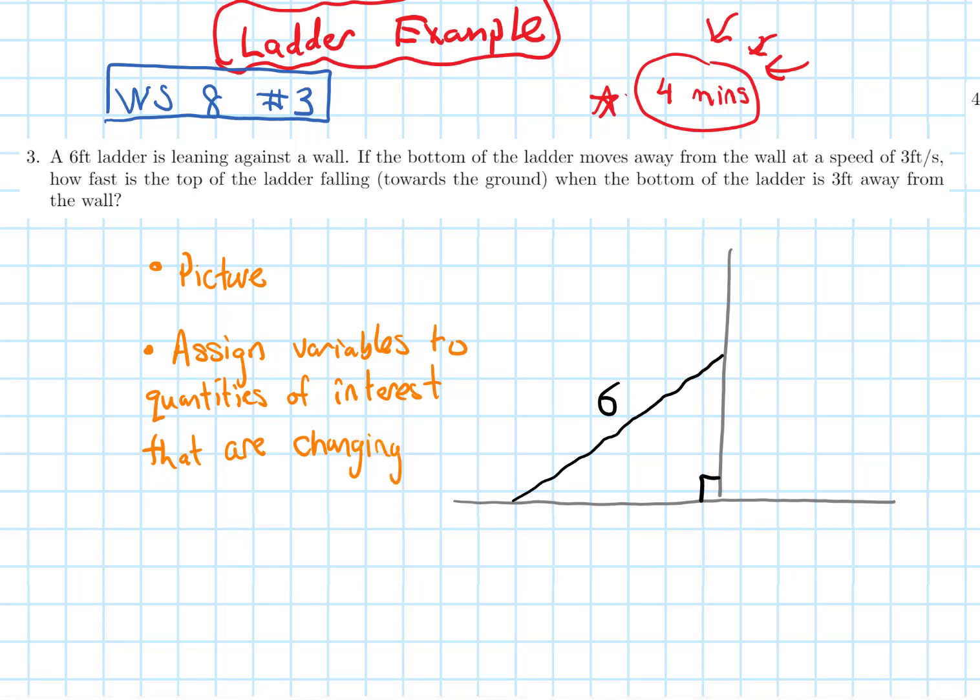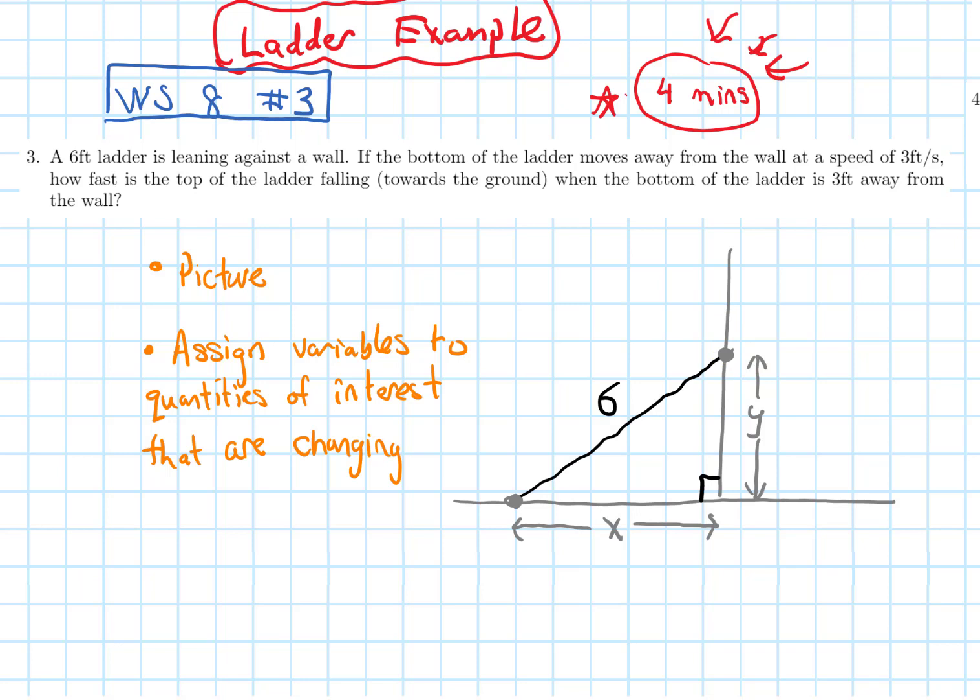There are two lengths here that we care about. One is this horizontal distance from the wall to the foot of the ladder. So this point here is the foot of the ladder, and the vertical distance from the ground up to the top of the ladder.